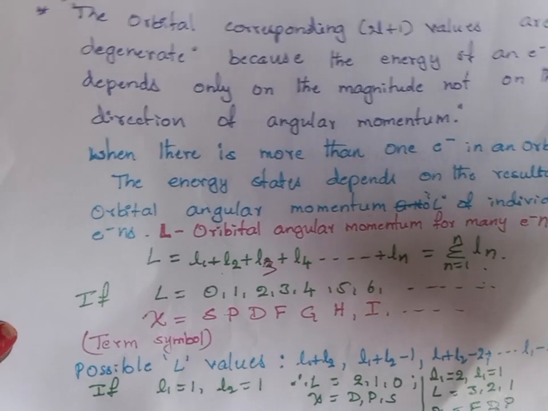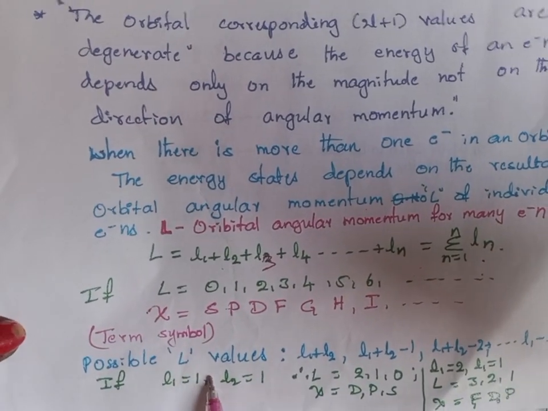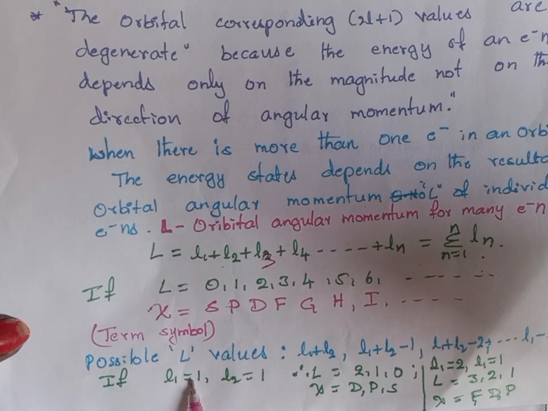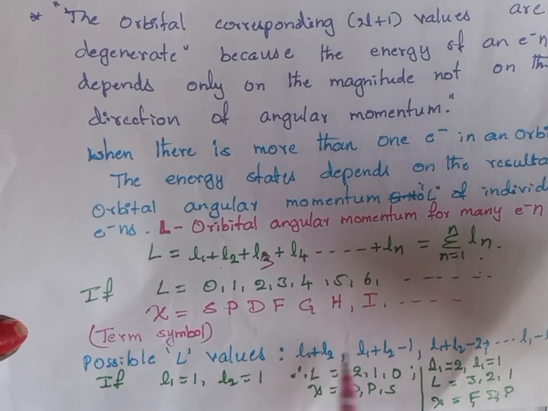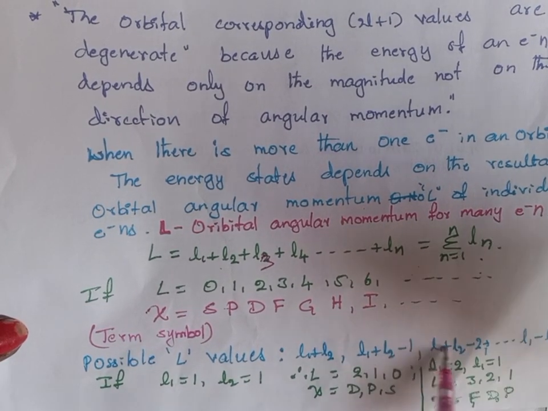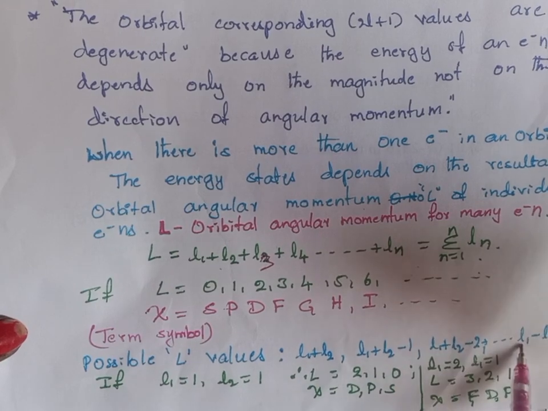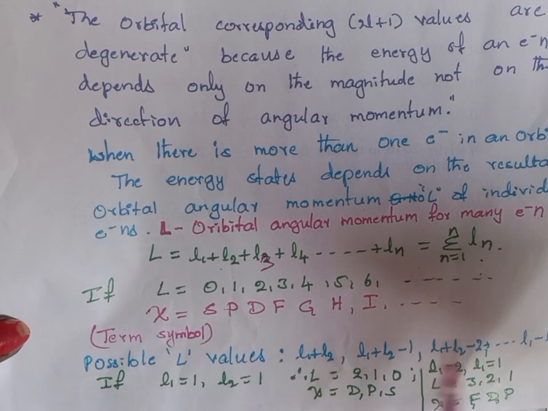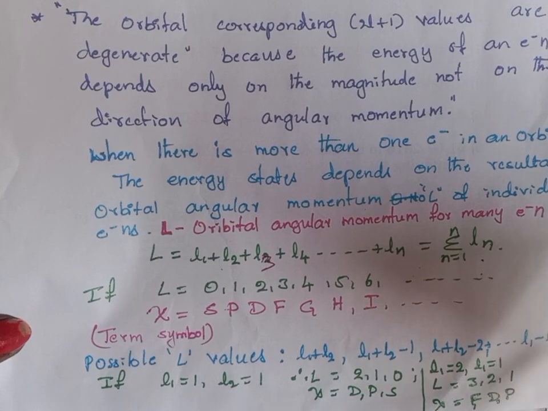The possible L values are l1 + l2, l1 + l2 - 1, l1 + l2 - 2, and so on down to l1 - l2. That is, l1 + l2 to l1 - l2.